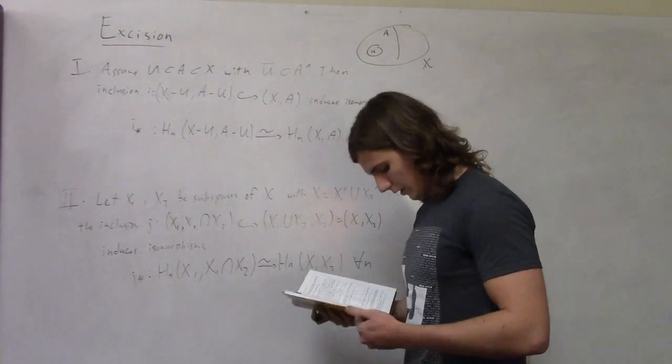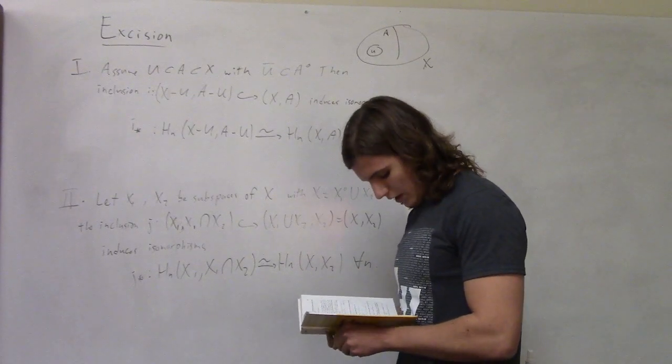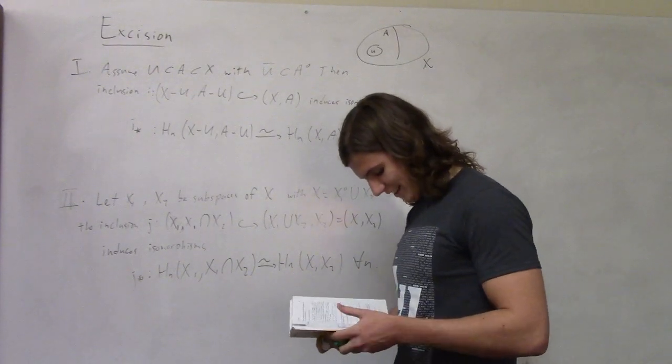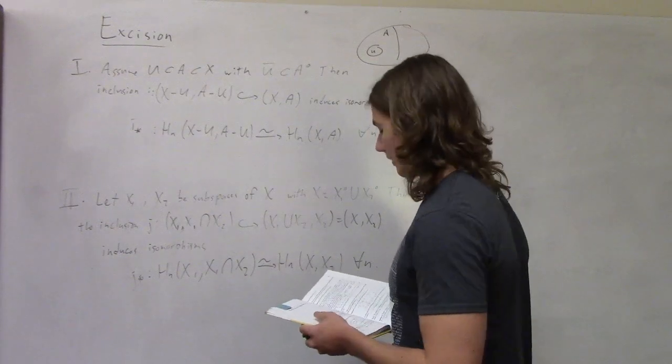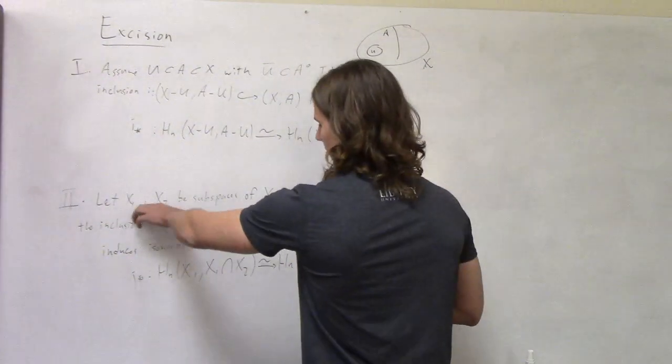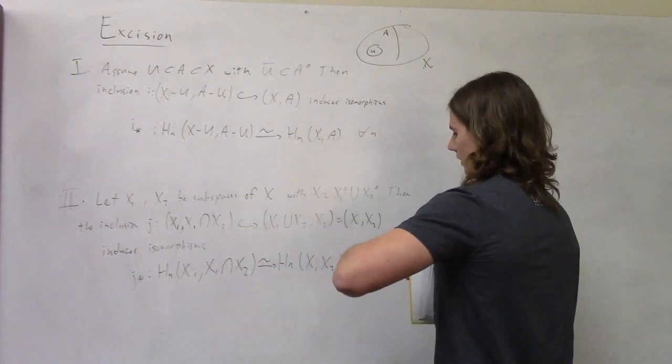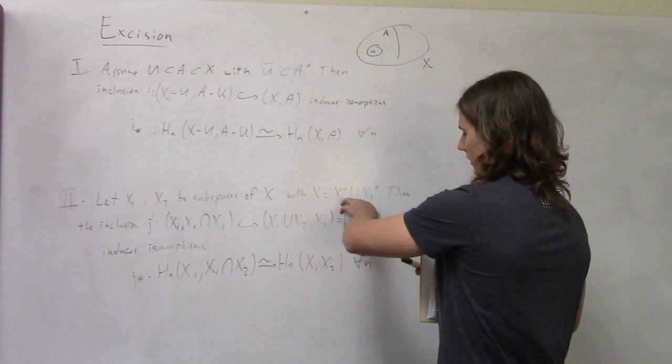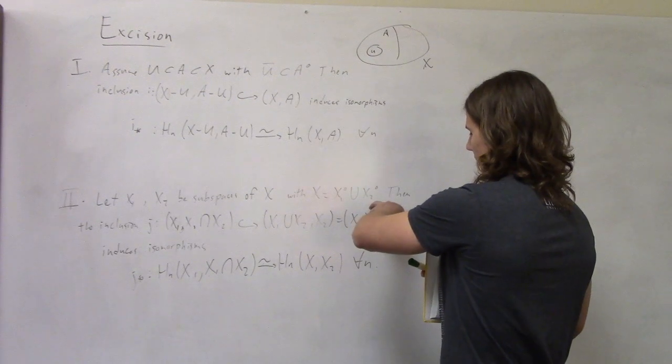Okay. And here's another excision that looks very unrelated. We have two different subspaces, X1 and X2, where X is equal to the union of the interior of X1 and the interior of X2.